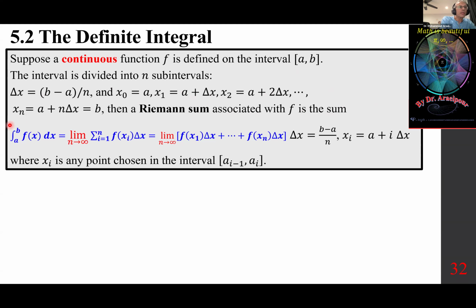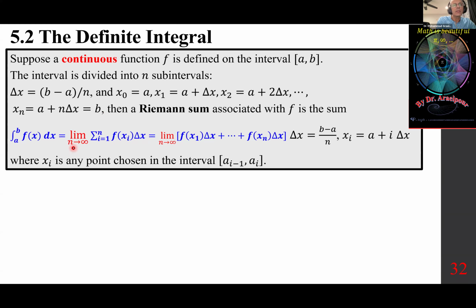So the integral of a to b f of x dx is the limit of the summation of f of x sub i delta x as i goes from 1 to n, as n approaches infinity.